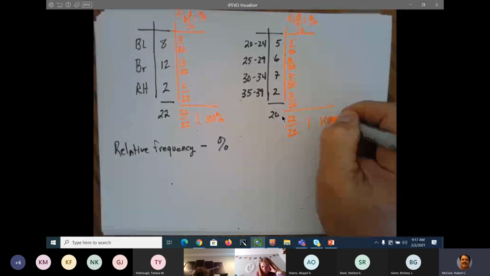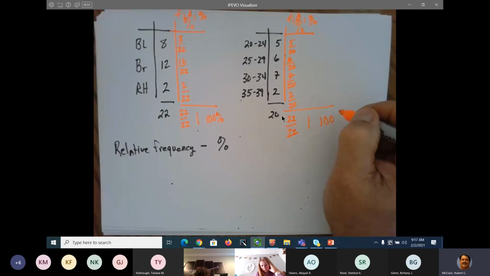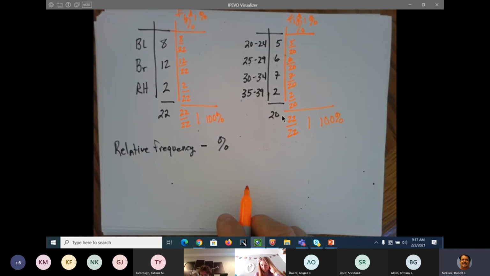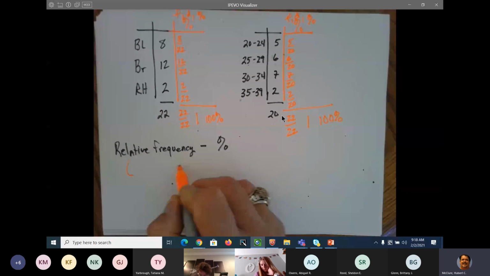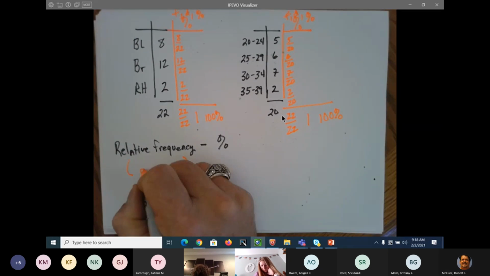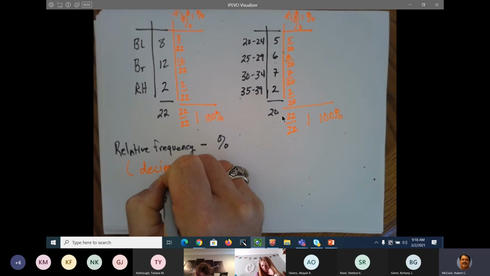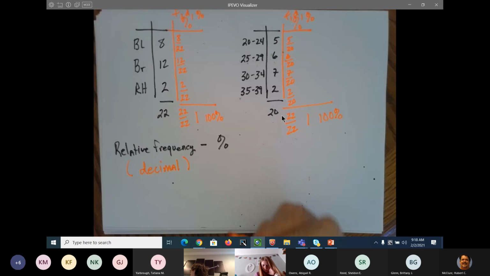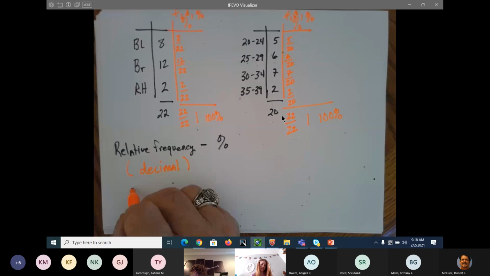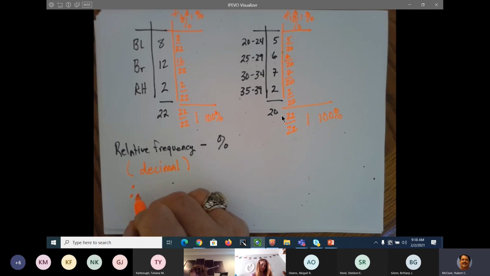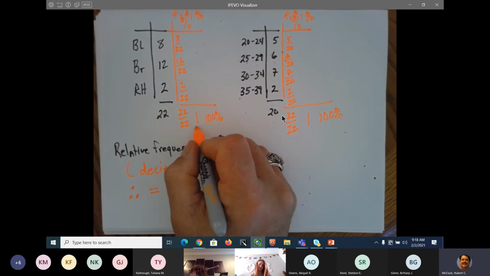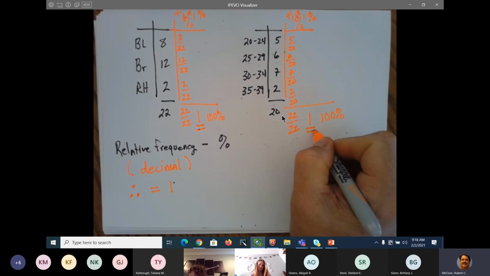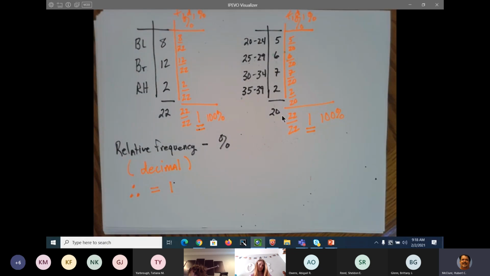The question says, what does the relative frequency equal? Well, the relative frequency is usually, in a lot of cases, written in decimal form. So therefore, that equals 1.